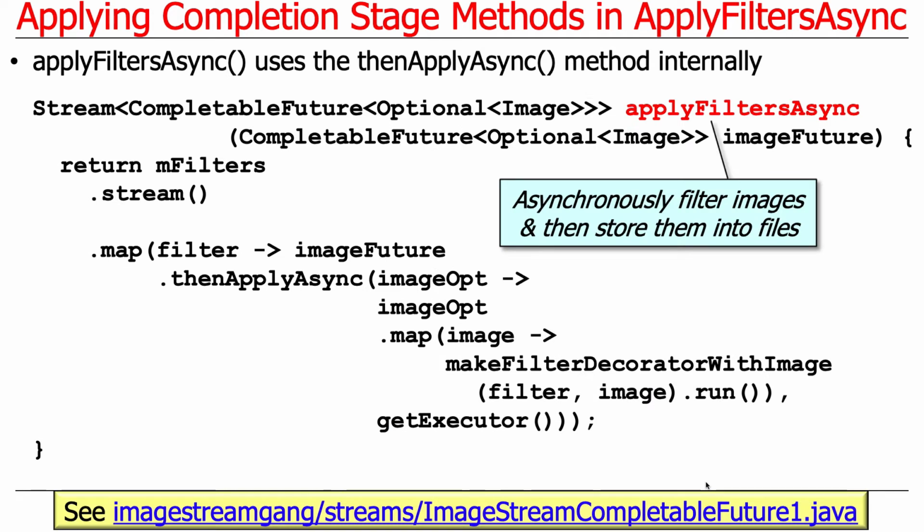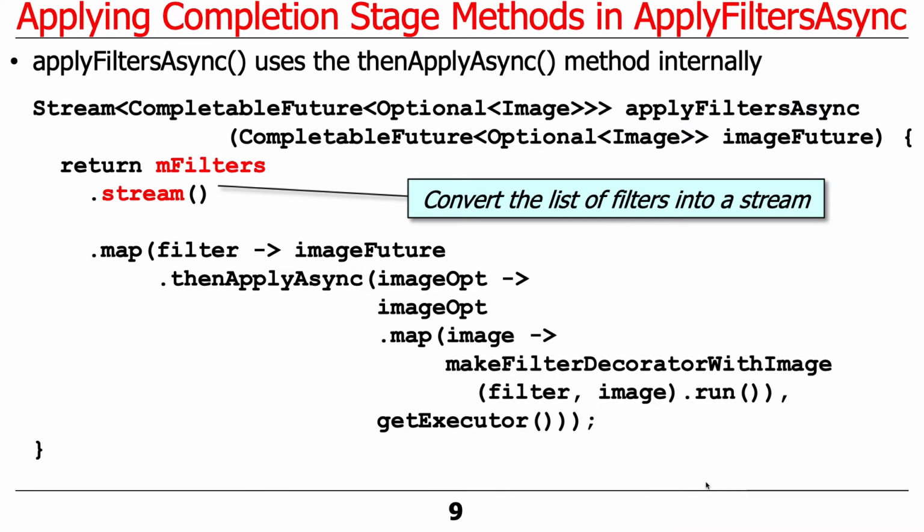So here's applyFiltersAsync. This is the most complicated of the various stages in our pipeline because it has to do a bunch of different things. What it does is it takes the list of filters and converts them into a stream of filters. So let's say, for sake of argument, we have 3 image filters we're going to apply per image.